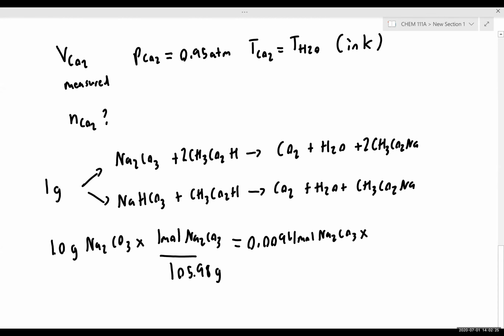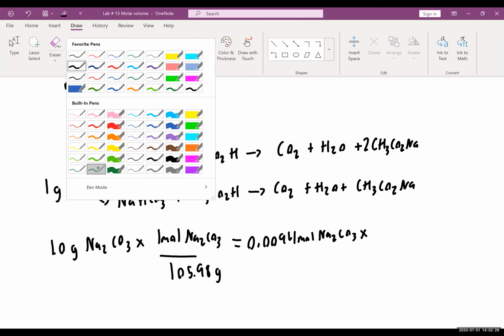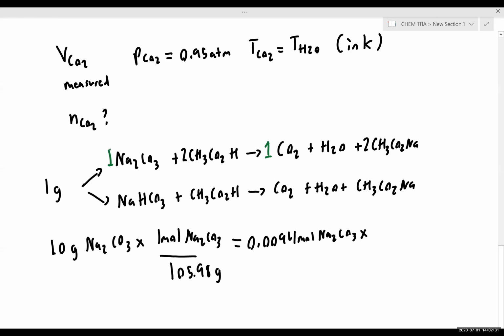And my question to all of you is, looking at this chemical equation here, how many moles of carbon dioxide do we make per mole of sodium carbonate that reacts? What's our mole to mole ratio? 1 to 1.